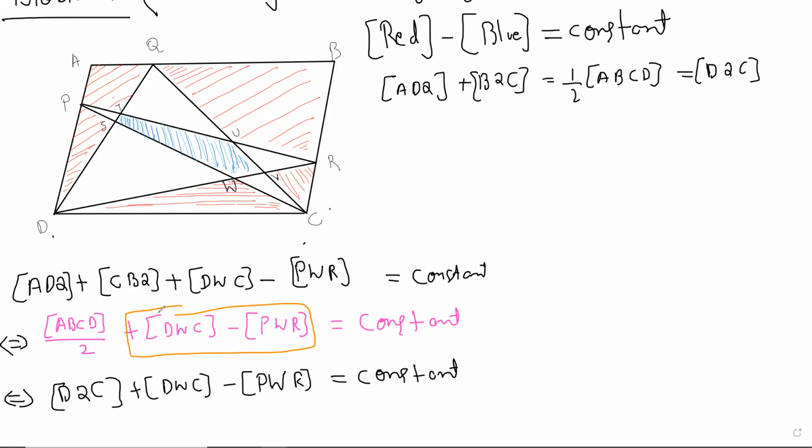DWC and PWR. So you can just look at the trapezium, PRCD, right? Because you want to just focus on those two things.